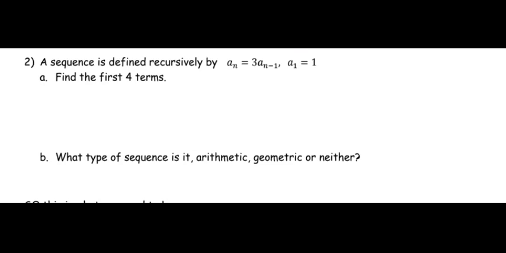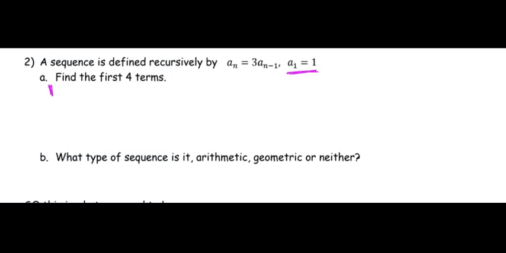We have a sub n equals 3 times a sub n minus 1, and the first term is 1. I'm trying to find the first 4 terms. Now, the first term is given to me, which is 1.